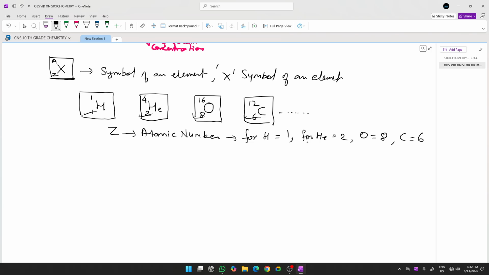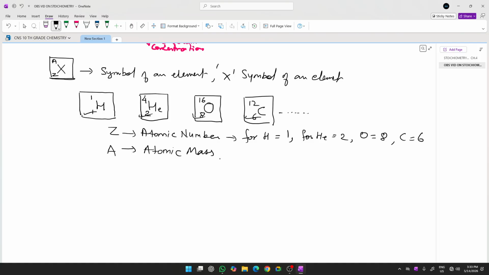Okay, so the Z values for hydrogen, helium, oxygen, carbon are given at the bottom, right? Same way on the top, the numbers which are given are telling you about atomic mass number or atomic mass.